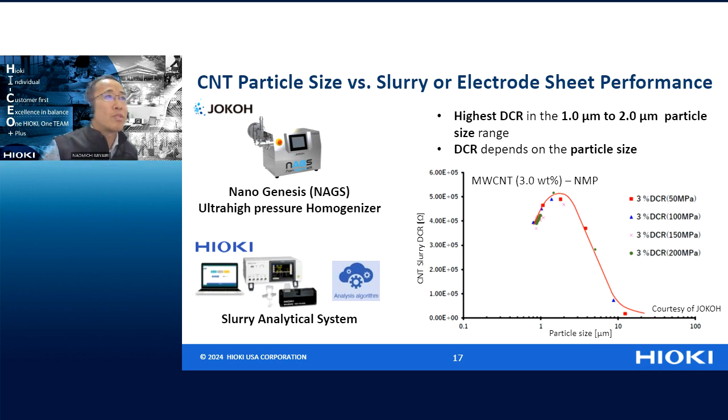This graph shows CNT slurry DCR results against the particle size. And as you can see, the highest DCR was observed in the 1.0 micrometer to 2.0 micrometer particle size range.